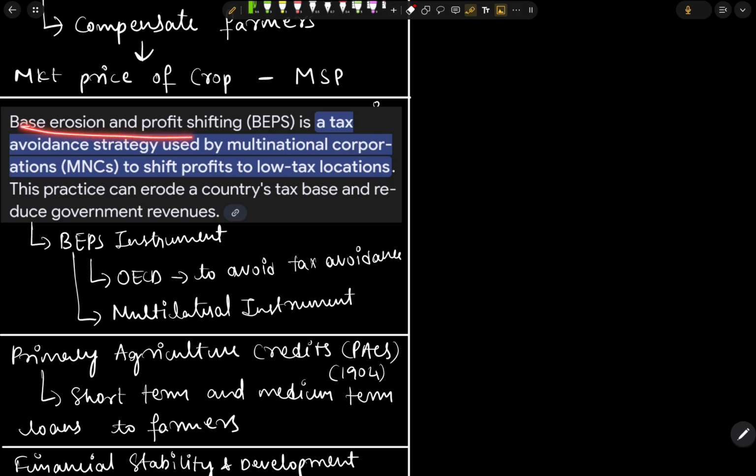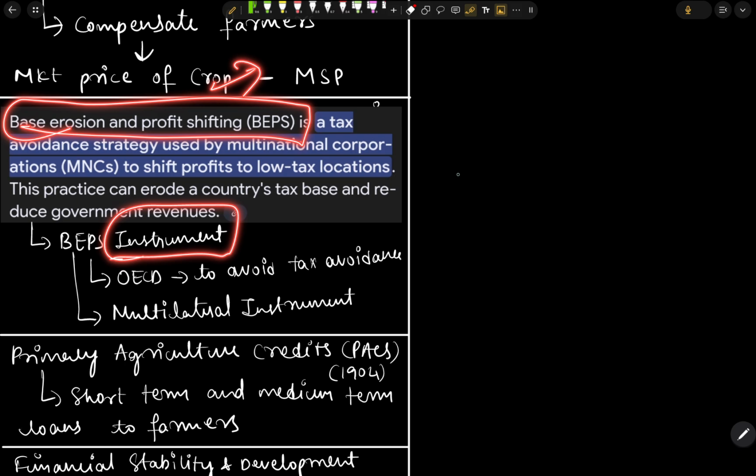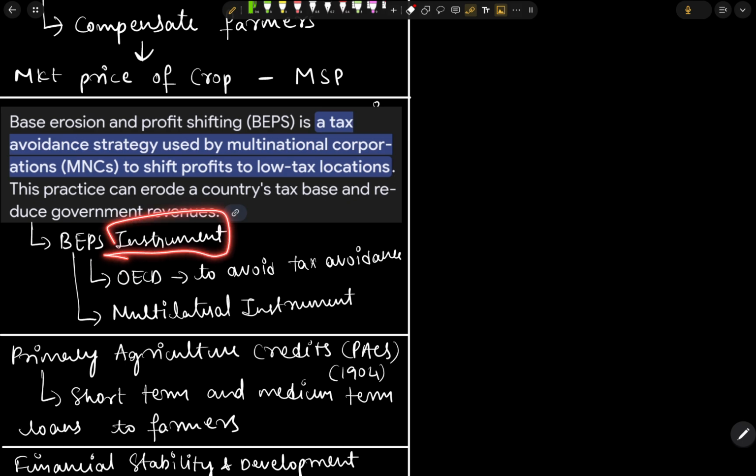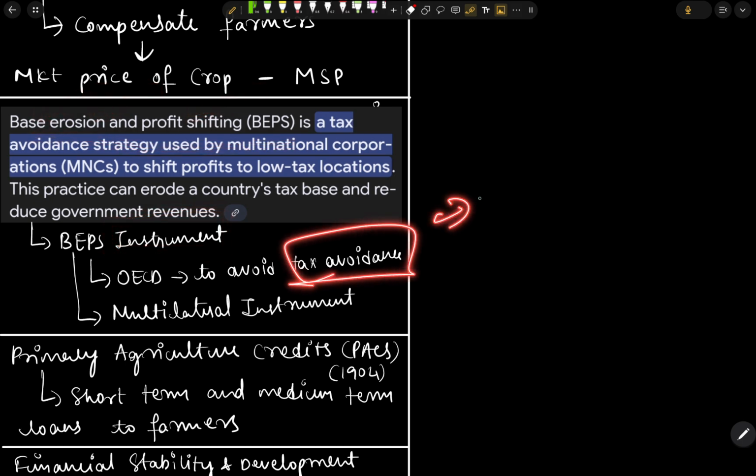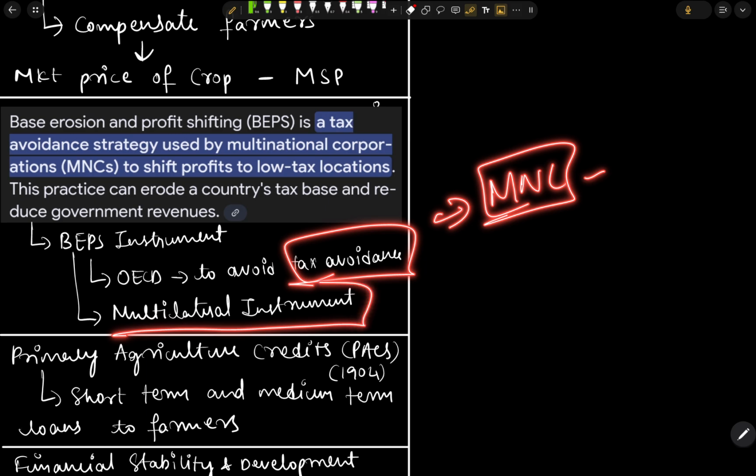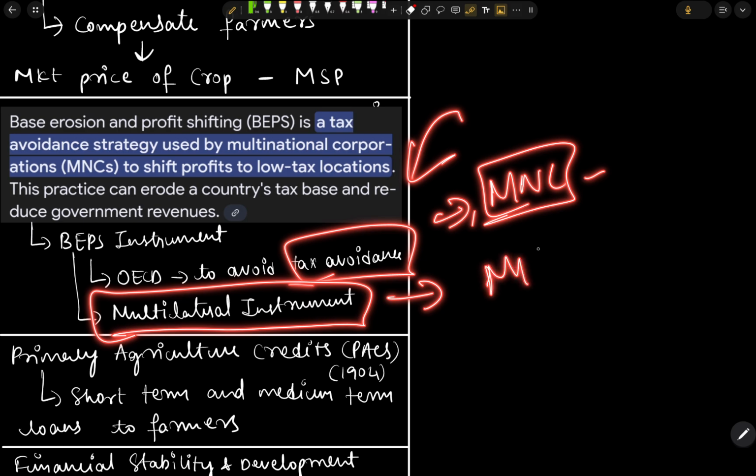So this is known as base erosion and profit shifting. To counter this, the OECD, that is the Organization for Economic Cooperation and Development, has launched an instrument, the BEPS instrument, that is base erosion and profit shifting, to avoid this tax avoidance by the MNCs. It is also a multilateral instrument, that is, most of the countries have participated in this instrument.